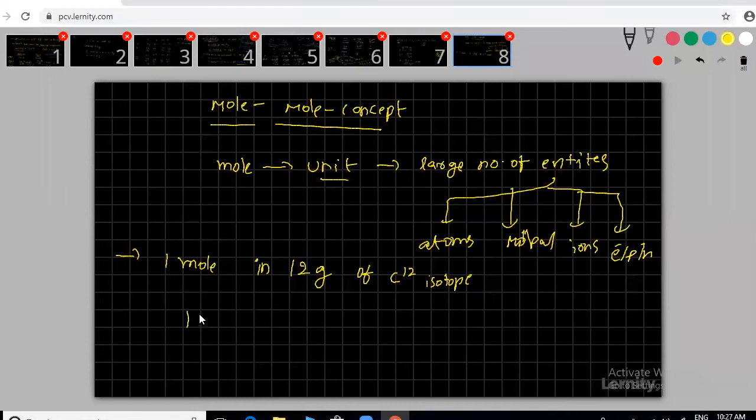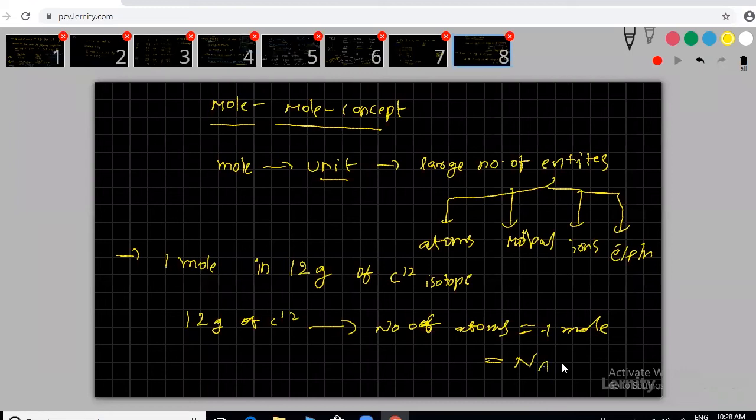Very simply, you can write: 12 grams of C12 contains number of atoms equal to 1 mole. This is equal to Avogadro's number, Na or N naught. Simple way you can write.